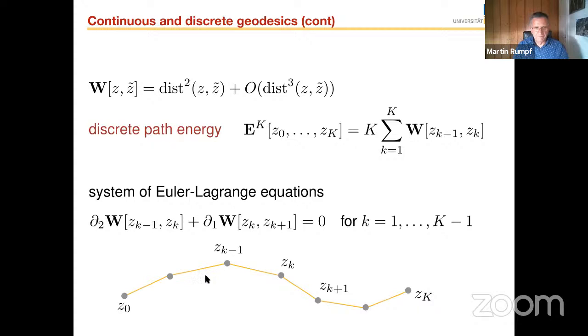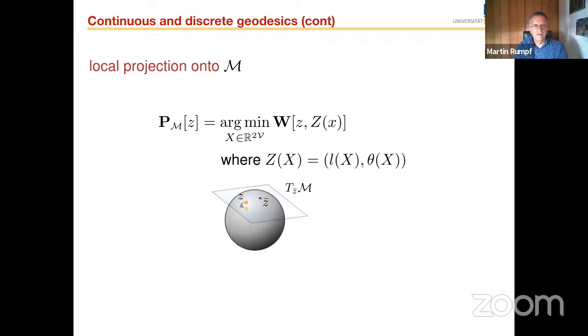And then finally, we might not be on the surface precisely if we do some small step. So it might be necessary to project back onto this implicit surface.